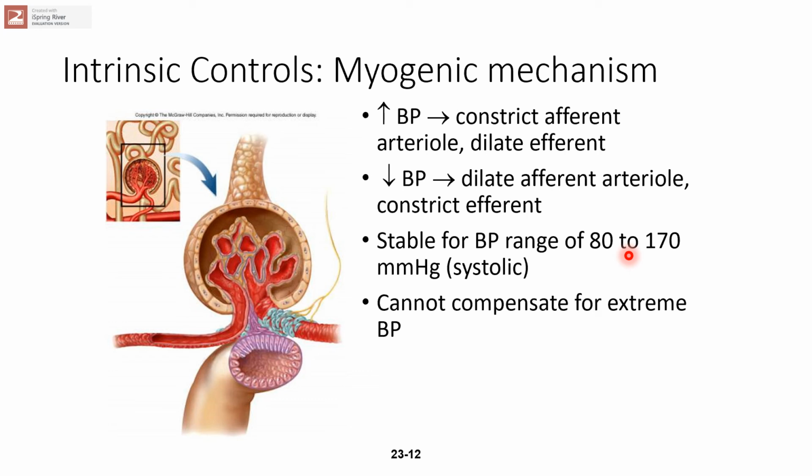Now, the stable blood pressure in a normal person is in between 80 to 170 mm of Hg, that is the systolic blood pressure, right? Systolic is what we are mainly interested in when you're looking at the blood pressure. Now, low blood pressure also affects a lot of different mechanisms.